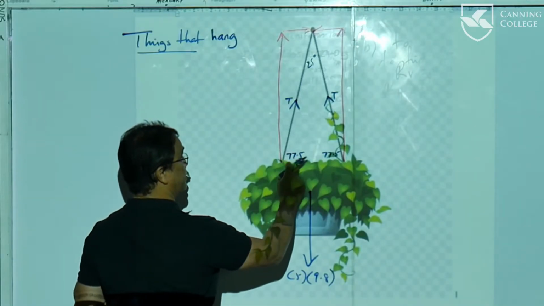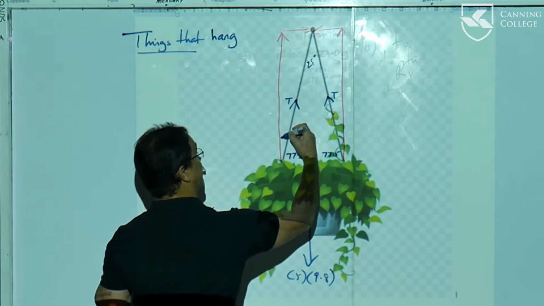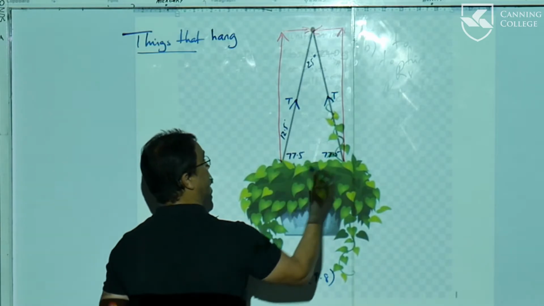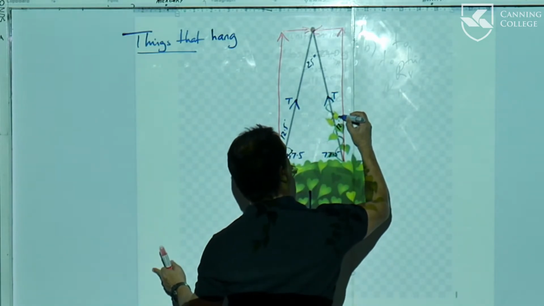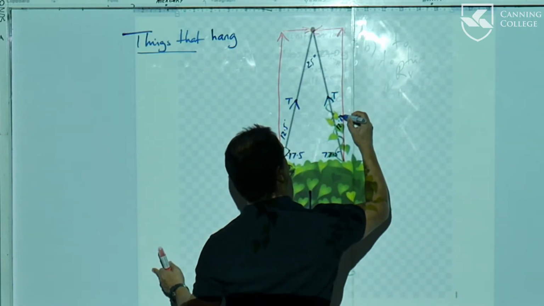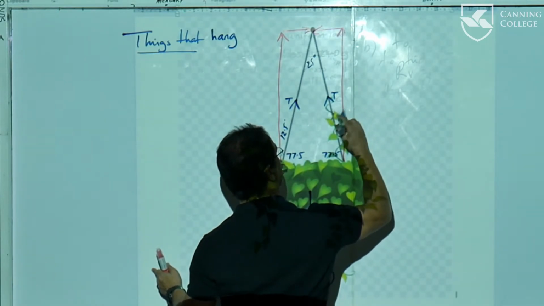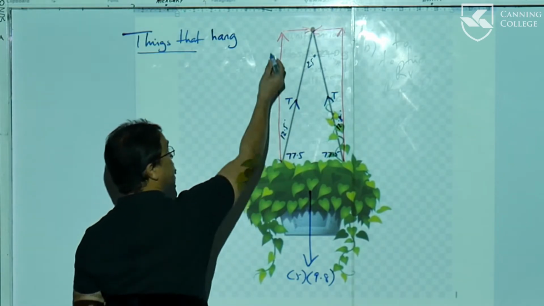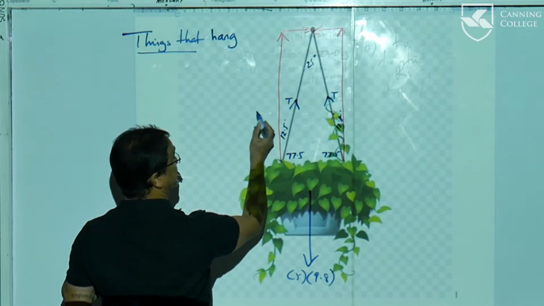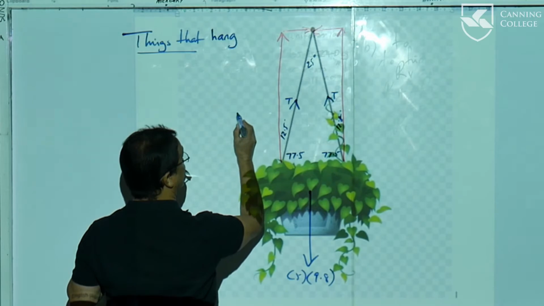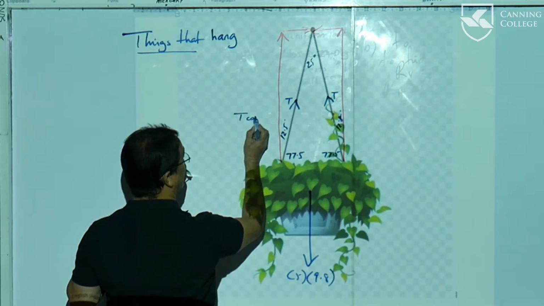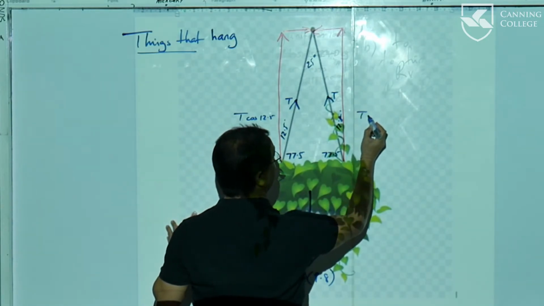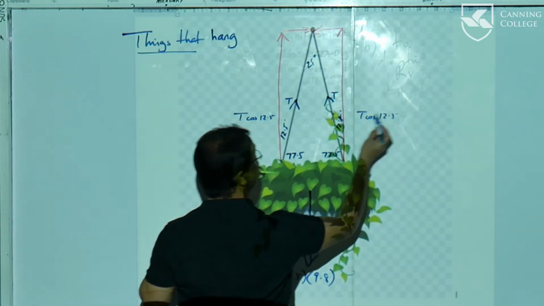Okay, I've got an angle here of 77.5, which means that the angle that's subtended over here is 12.5 degrees, and we've got 12.5 degrees. Which means the magnitude of the vertical component on the left-hand side is going to be equal to T cosine 12.5, T cosine 12.5.